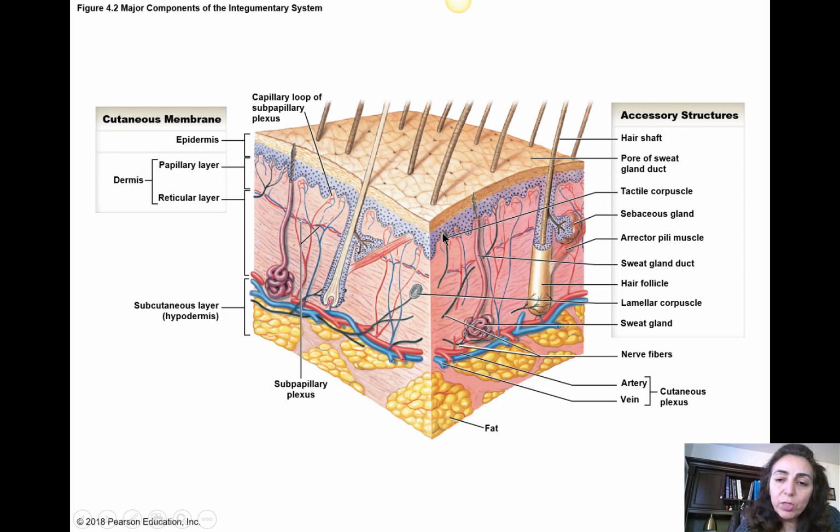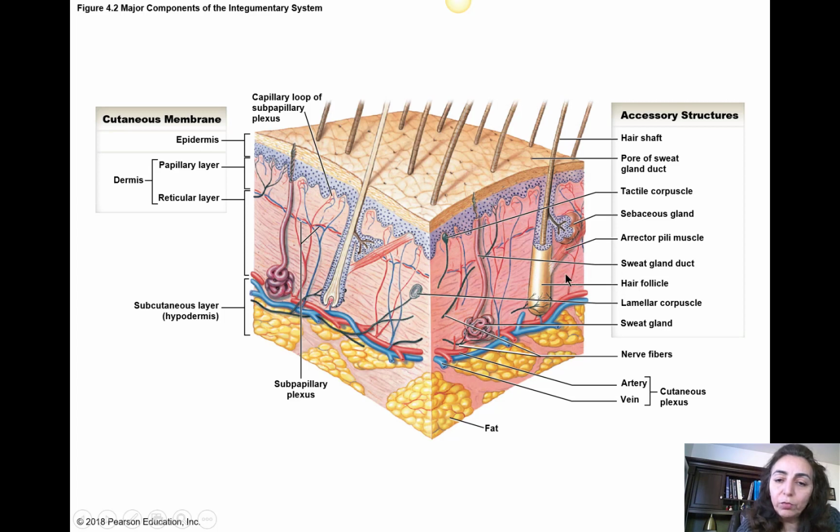You see some sensory receptors like the tactile corpuscle, that is for the light touch sensation. Then you see the sebaceous glands that go next to the hair. You have this muscle that attaches to the hair, that we call the arrector pili muscle.